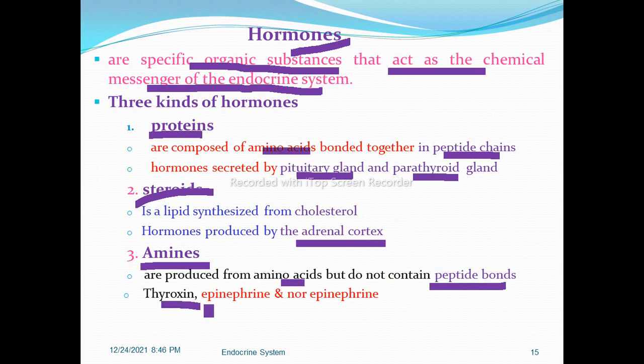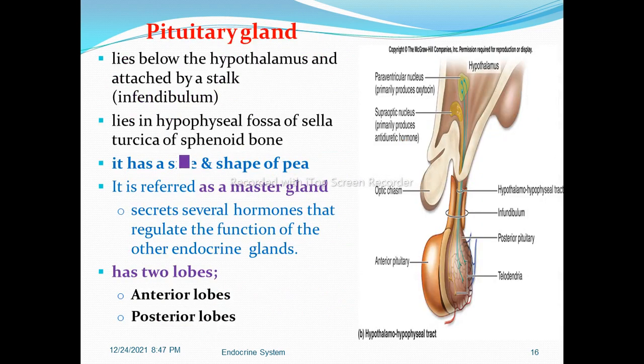Thyroxine, epinephrine, and norepinephrine are examples of amines. Epinephrine and norepinephrine are the hormones of the adrenal medulla. Thyroxine means T4, which is released by the thyroid gland. So now we are starting the pure endocrine glands.